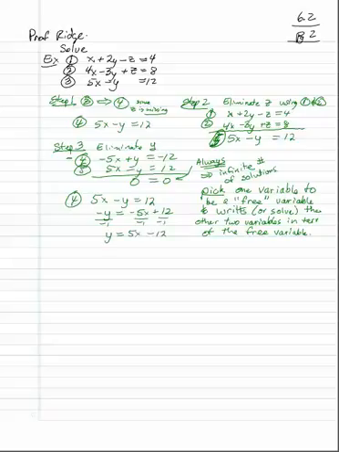Now notice y is written in terms of x. y is whatever x is times 5 minus 12. So if I choose x to be my free variable, now I have y written in terms of x. Free means there's no restriction on it. It's free from restrictions. It can be whatever I want it to be.